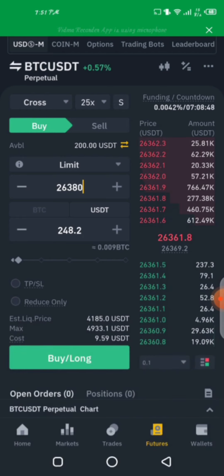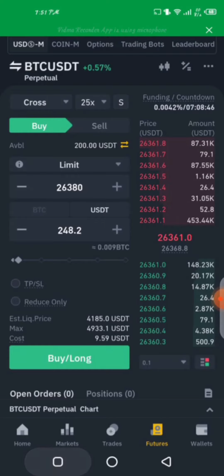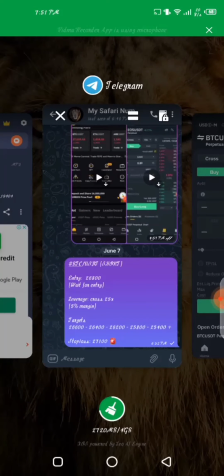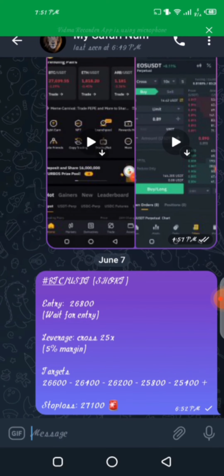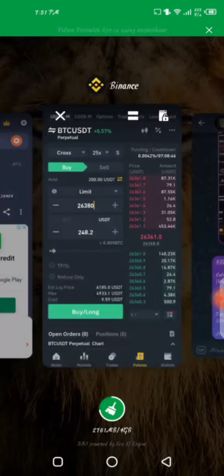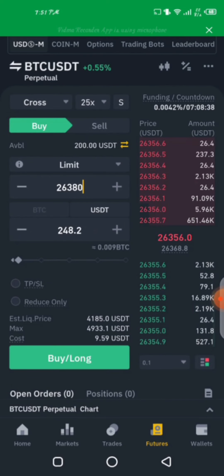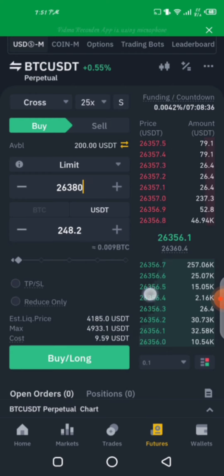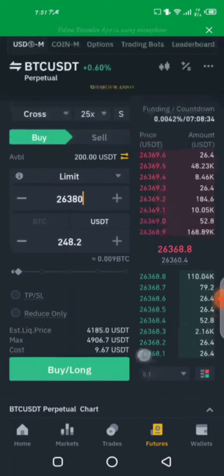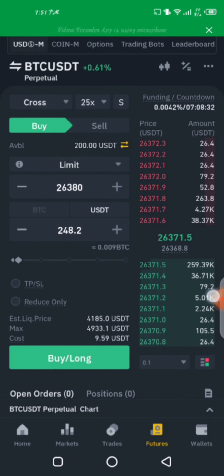I come down, and the signal said short, so I need to change it to short. So I change my trade from long to short. How do I do that?